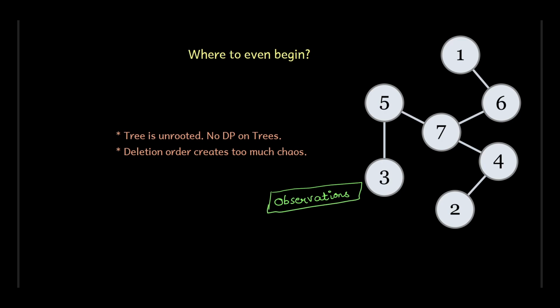Here you will see that even though this problem does involve DP on trees, it is not an advanced concept as such. What makes it difficult is some of the key observations that you are missing to simplify the problem.